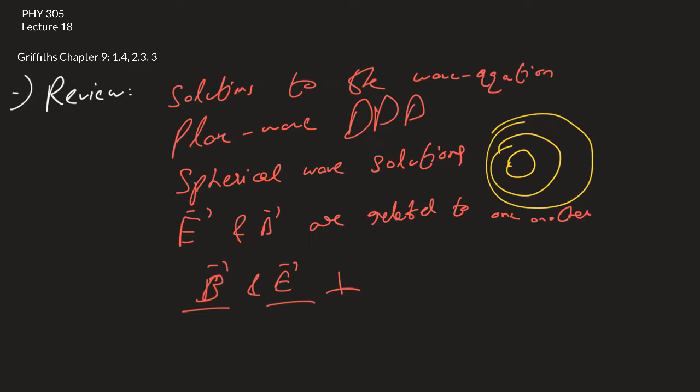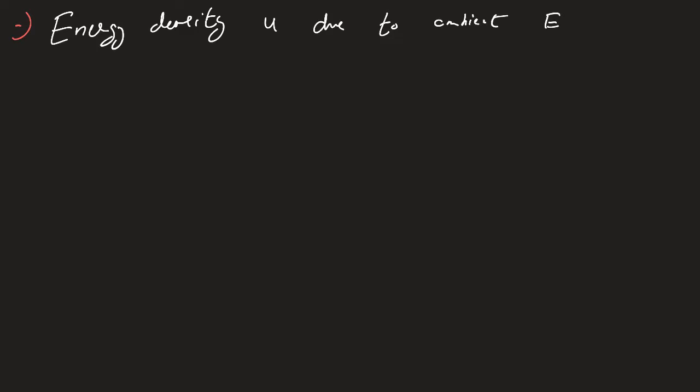If you go back to a couple of lectures before, you'll remember that we looked at the energy density, and we gave it the symbol U, due to ambient electric and magnetic fields due to a charge distribution.